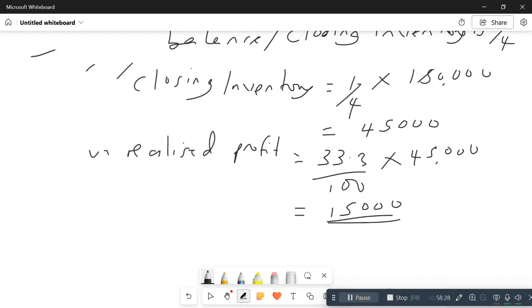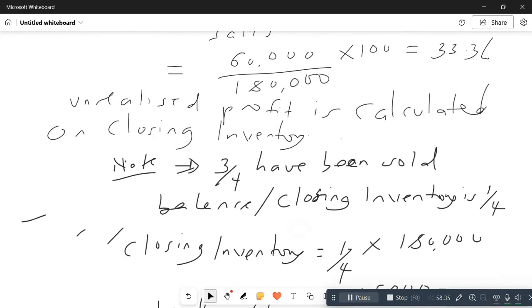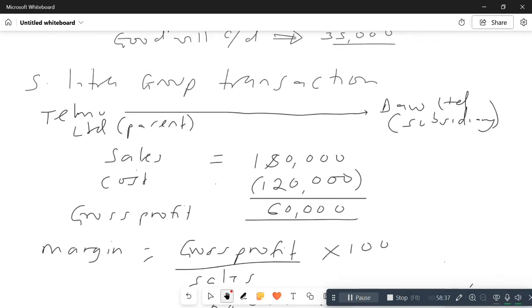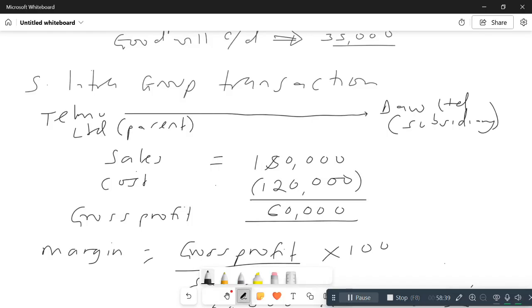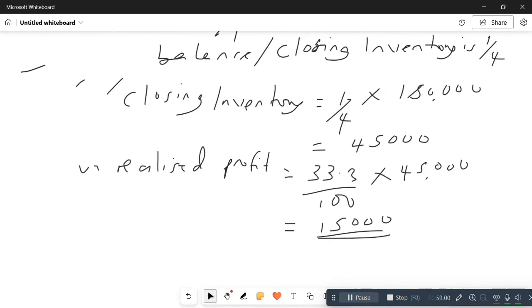Now here what you need to know, since this sale was from the parent, you look at this, it is the parent selling goods to subsidiary. So since the sales are from the parent to the subsidiary, we shall say the entire unrealized profit will be suffered by the parent or group. How will the parent suffer its loss?